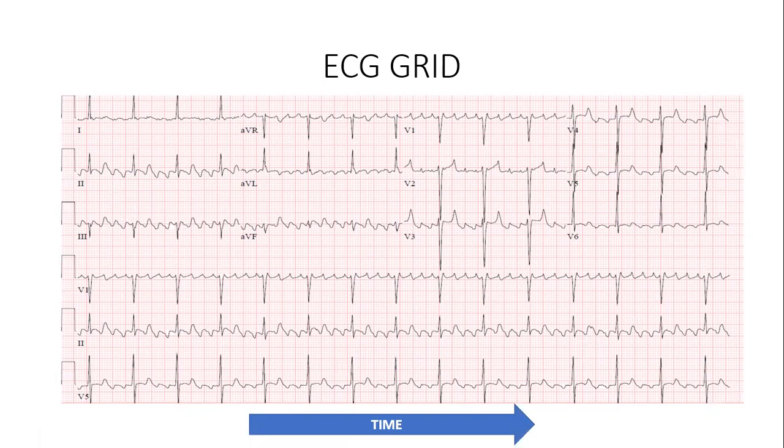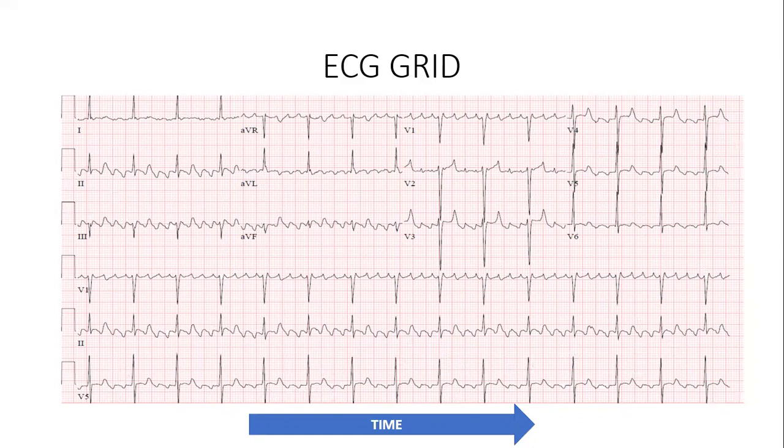All of these electrical activities occurring in the heart are reflected as these waves on your ECG grid, right? Therefore there are certain durations, certain segments that we need to measure in order to determine what's normal and what's pathological.